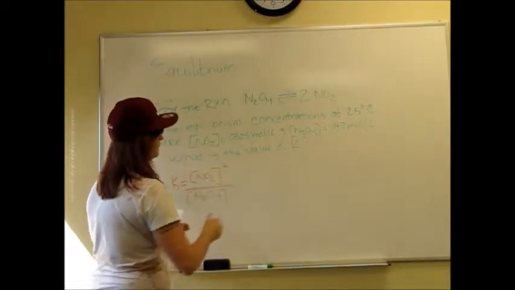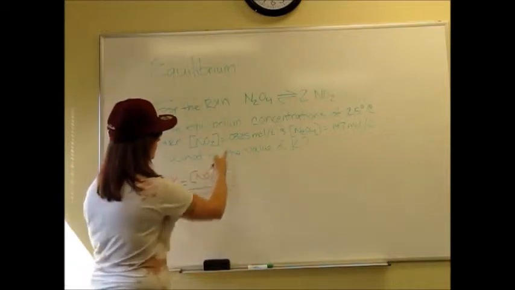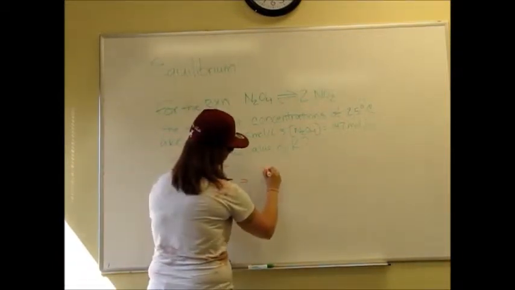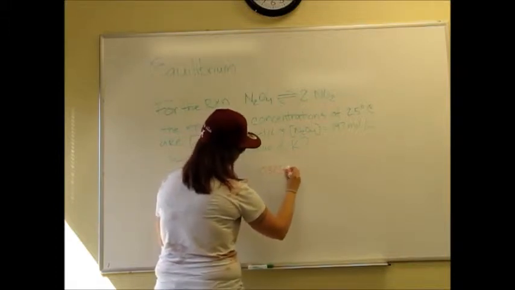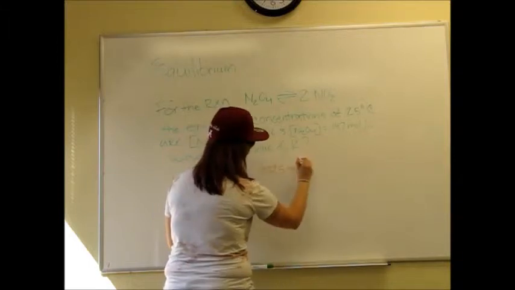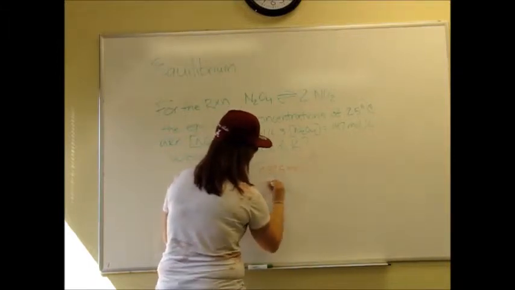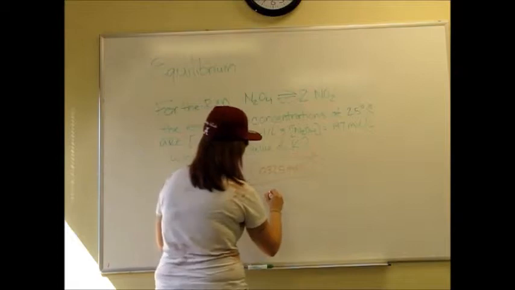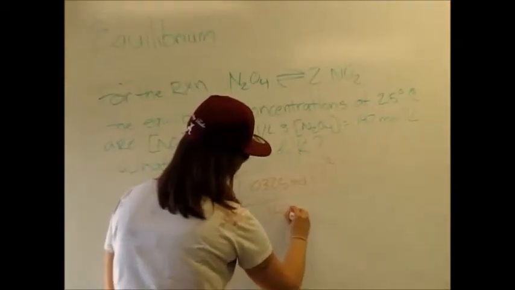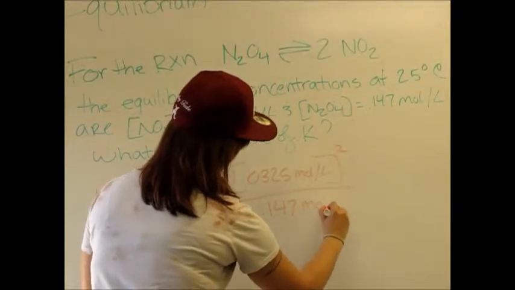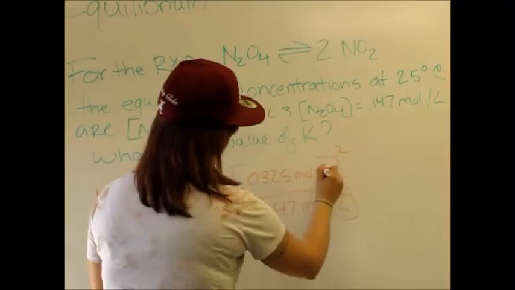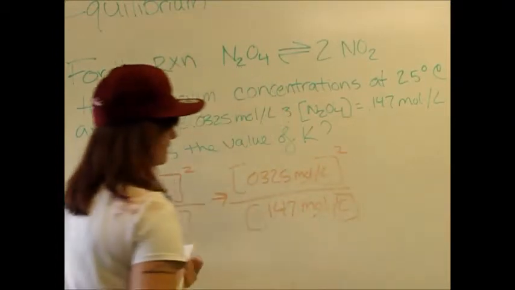Then you plug in the values that they give you in the question, so that becomes 0.0325 moles per liter squared over 0.147 moles per liter. So your units are going to cancel out because K is a unitless number.